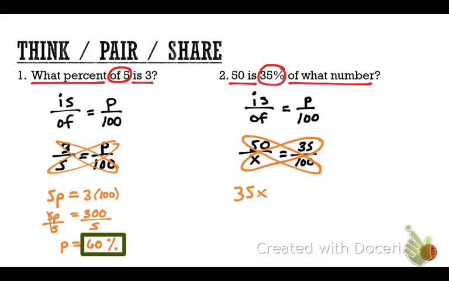Is there anyone else? Ava, will you help me? 35 times x equals? 50 times 100. Ava, what did you get for 50 times 100? 5,000. And how do I get x by itself?